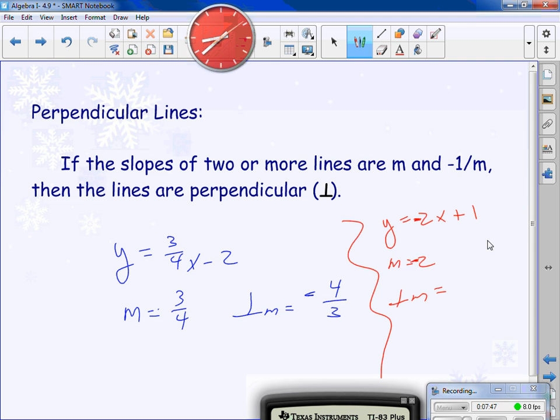What does 2 really mean as a fraction? 2 over 1, so when I flip it, it becomes 1/2. Yep, all you're doing is taking the slope, flipping it, and changing the sign. Opposite reciprocals.